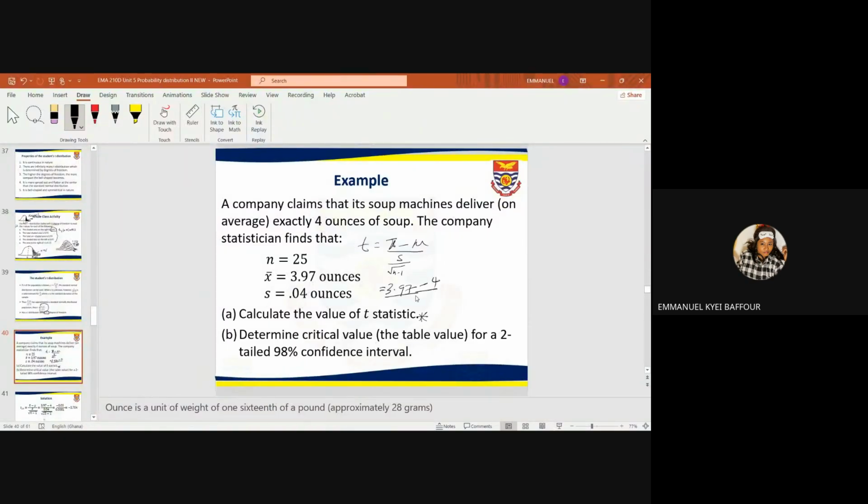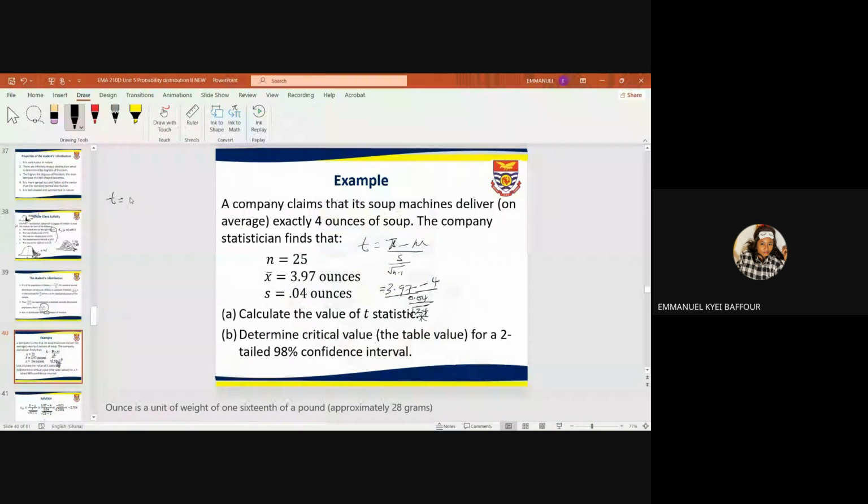Then the standard deviation is 0.04 divided by square root of n minus 1, and n is 25, so you have 24. So T is equal to, what is 3.97 minus 4?